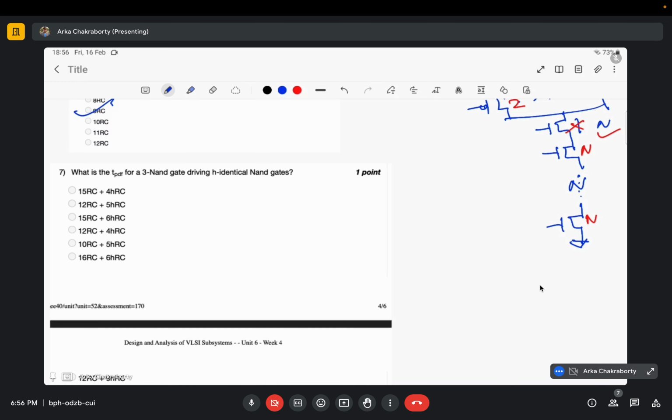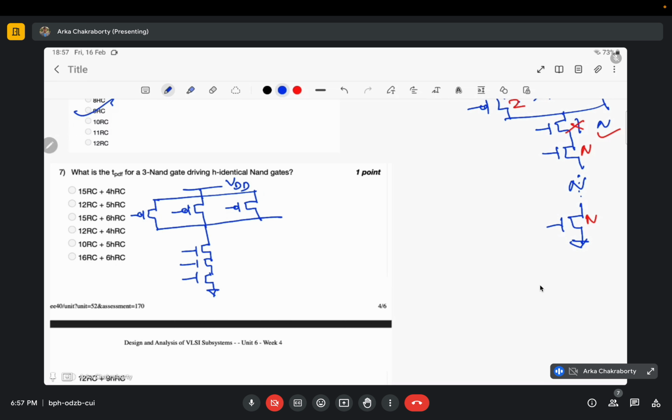Let me draw a 3 input NAND gate. This is my output. These three are my inputs. This is VDD and this is ground. And it is saying, driving H identical NAND gates.